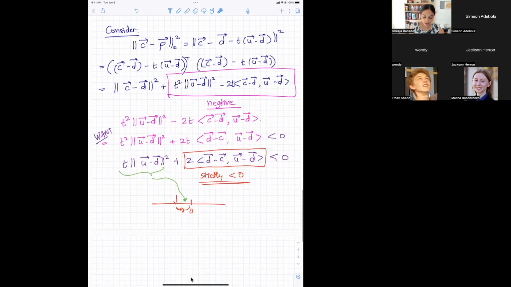If we can make this quantity small enough, we're done. But we can make it small enough, right? Basically, we can choose T. T can be arbitrarily close to 0. So in order to satisfy this, we can always choose a value of T such that this is true. And therefore, we can always find some P that is closer to C than D is. Okay?